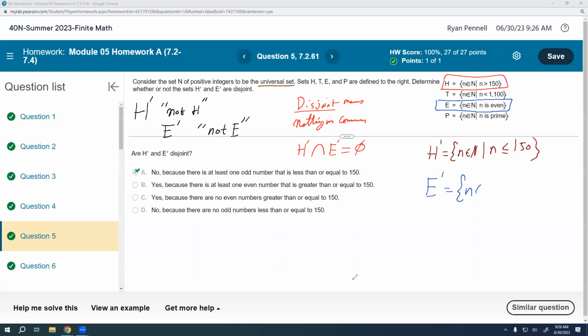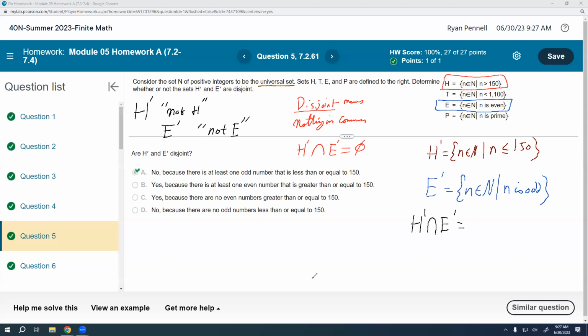E is n in N such that n is even. If E means n is even, then I would say E complement, n is odd. Okay. Are there any numbers that these two sets have in common? Even if there's just one number that's in common, then this is not true.